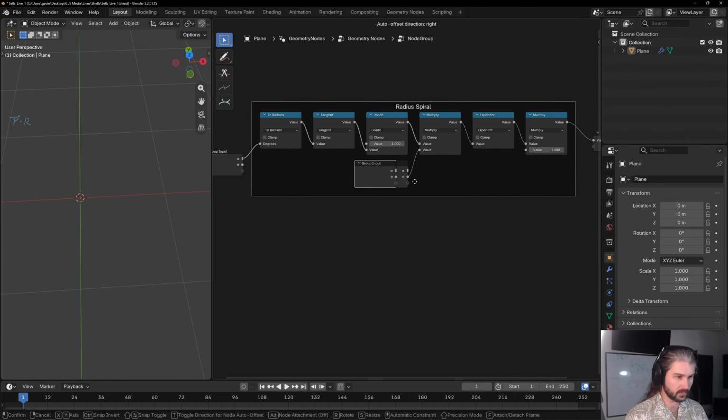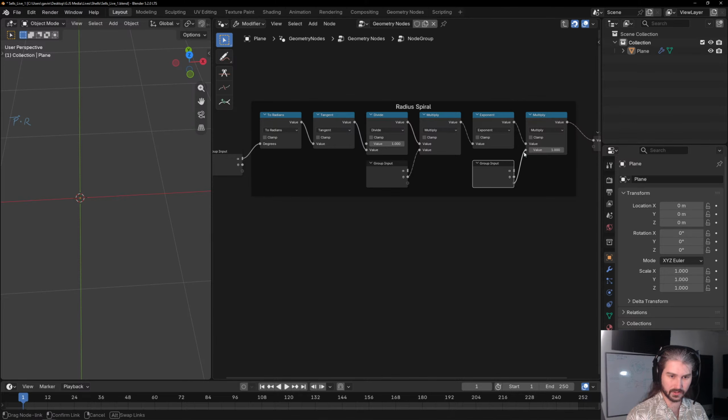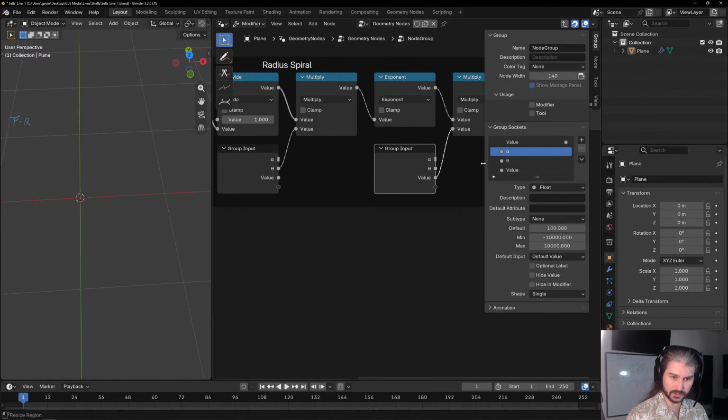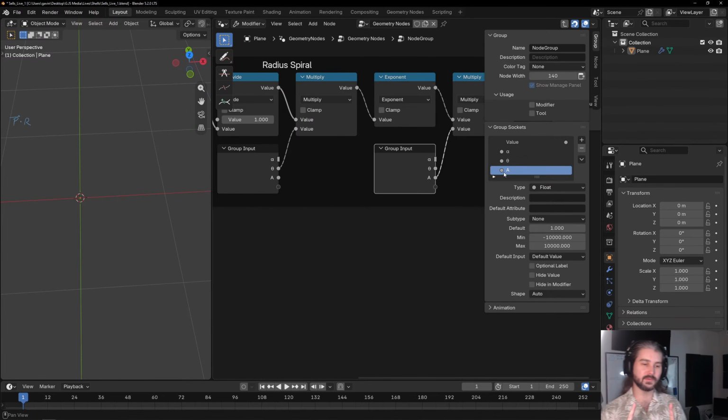And then we need one more input node here for this value. In the formal logarithmic spiral equation, it's usually labeled as k, but the blog post that I pulled a lot of this from labels it as a. I think it makes me think of aperture, so the opening of the shell.